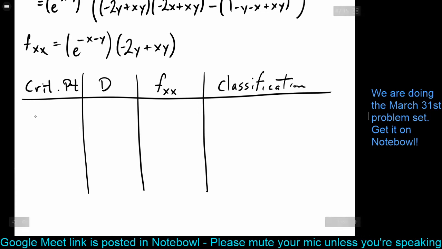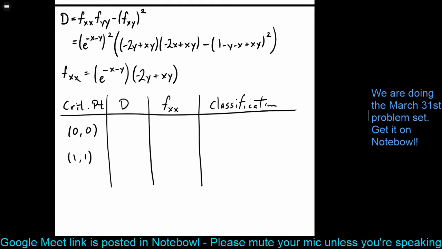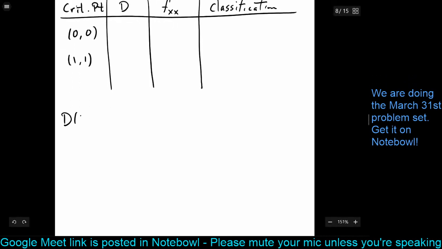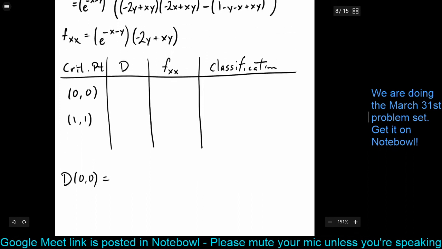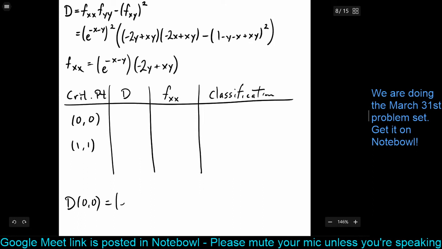Right. So we had our two critical points, 0, 0, and 1, 1. Right, and we want to plug these into d and fxx. And we do d first because if d is negative or 0, we don't need to worry about the fxx part. So let's look at it. D of 0, 0. So here's d. Let's plug it in. We're going to get e to the 0 squared times 0 plus 0, 0 plus 0, minus 1 minus 0 plus 0 squared.